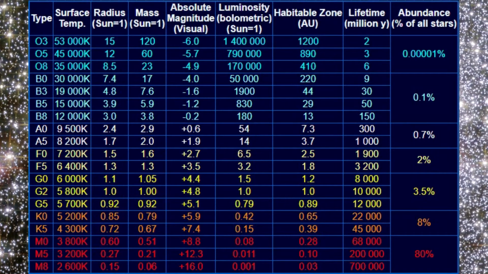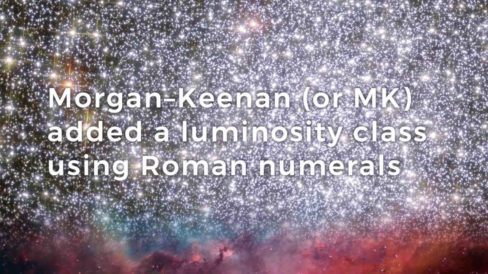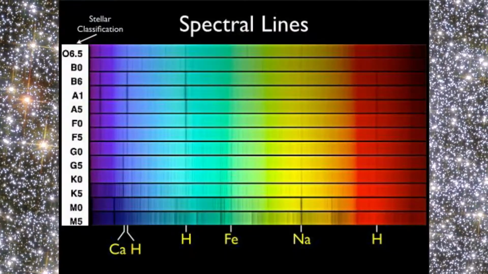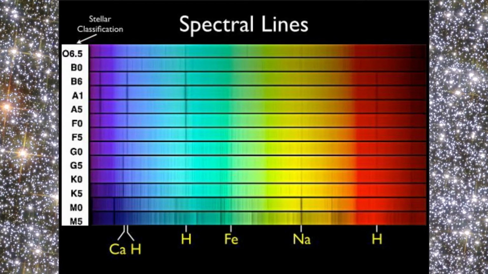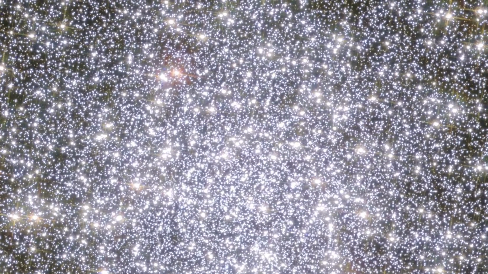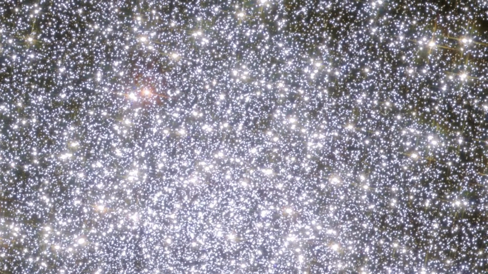In the MK system, a luminosity class is added to the spectral class using Roman numerals, based on the width of certain absorption lines in the star's spectrum. Have a look at our video on the electromagnetic spectrum for more details on that. And this varies greatly with the density in the atmosphere, so it distinguishes giant stars from dwarfs.